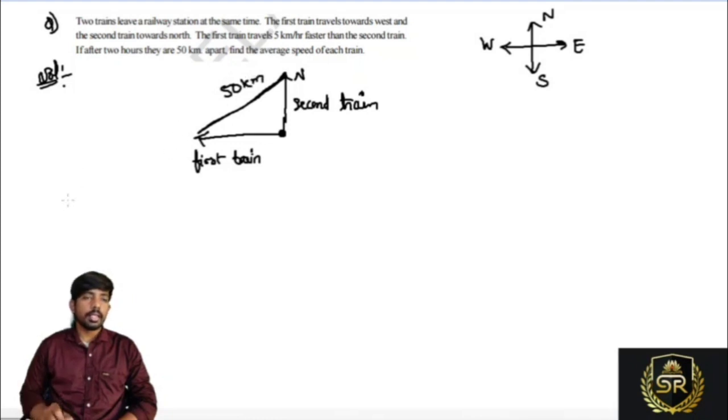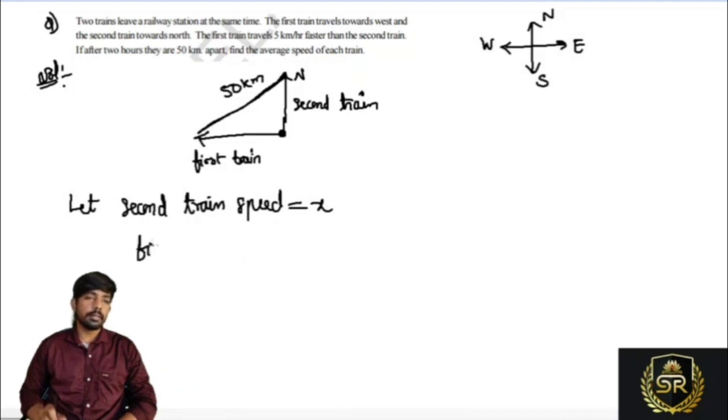So here, the first train is compared with the second train, right? So that is the reason why I am considering the second train. Let the second train speed be equal to x. Then what is the first train speed?